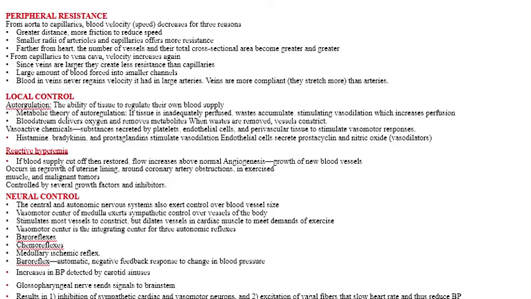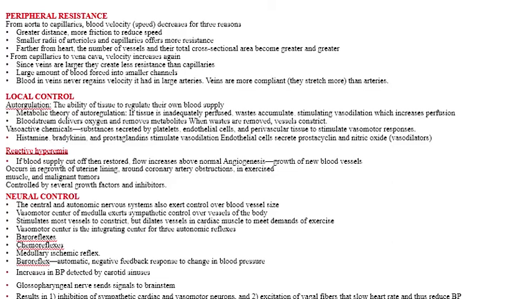Vasoactive chemicals are local chemicals that can dilate or constrict the vessels, usually released by platelets or endothelial cells inside the arterioles or the capillaries, and by perivascular tissue, to stimulate a vasomotor response.